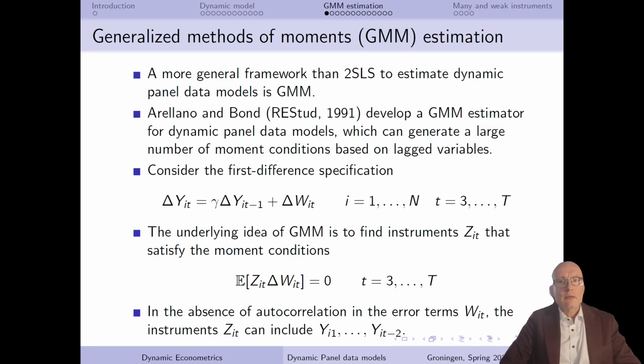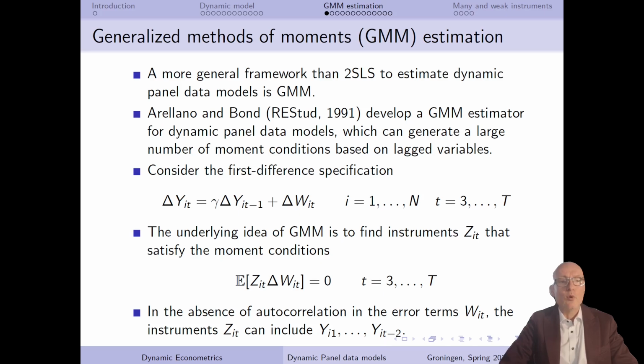Concluding from this, we can say that we have many different potential instruments just to estimate one particular parameter. So in that sense, we can do something much more general than using two-stage least squares to estimate a dynamic panel data model.